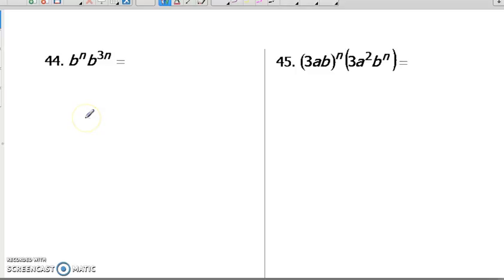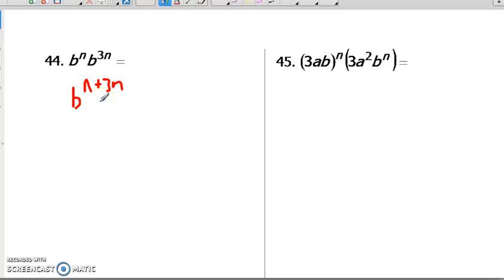All right, so let's take a look at b to the nth power times b to the 3n power. So again, following our product of a power rule, I'm going to think about this as b to the n plus 3n. All right.